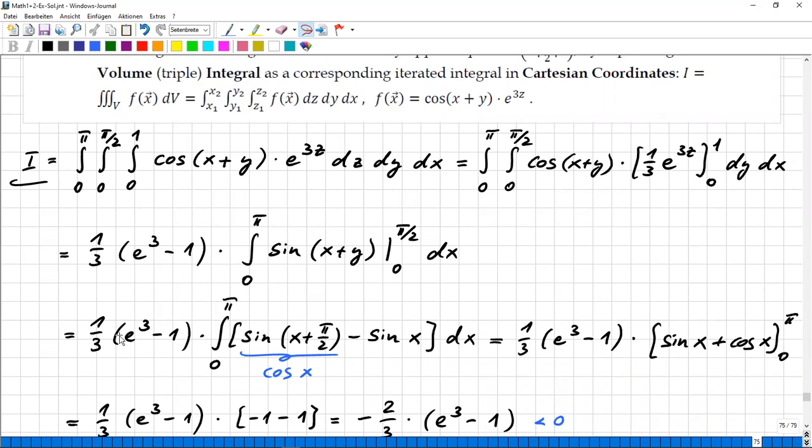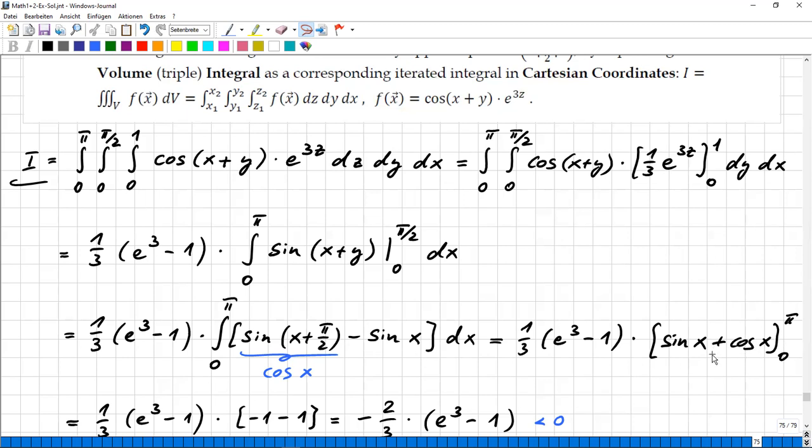But then the last step, we have to integrate this resulting term over x also. And so nicely, we get the primitive function of cosine of x, referring to x, which is sine of x, while this sine of x has a primitive function of negative cosine of x. So that means that minus sine of x gets integrated to be plus cosine of x.